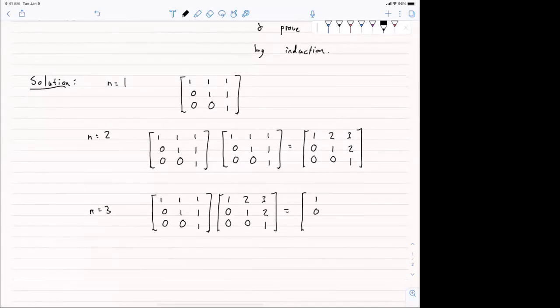Again, these are upper triangular, so I can fill out these. You'll also notice that if you take a product of two upper triangular matrices whose diagonals are all 1s, you'll end up with all 1s on the diagonal again.